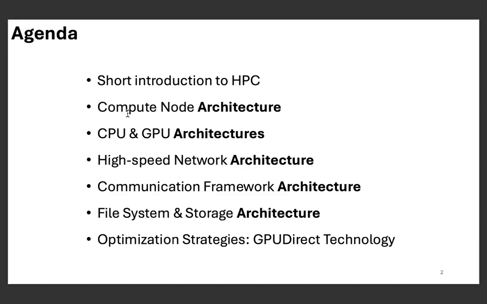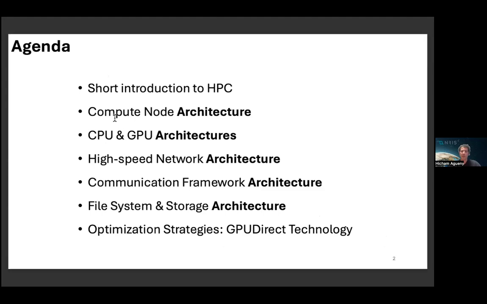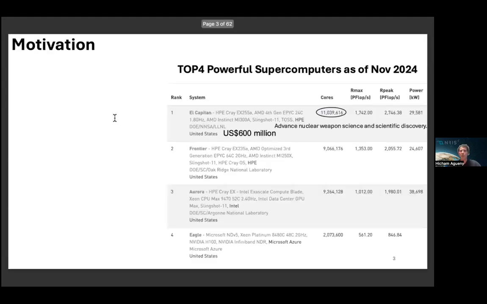Before we dive into the details, let's take a look at where we stand in the world of supercomputing. I list here the top 4 supercomputers as of November 2024, and El Capitan is the most powerful so far, with more than 11 million cores.